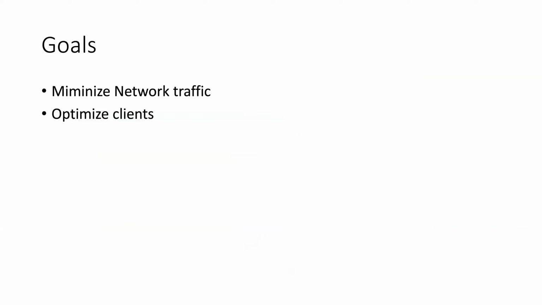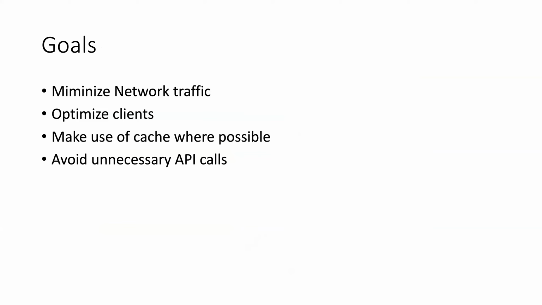And we want to make use of the cache wherever possible, so we can avoid unnecessary API calls. If we retrieve some deployment or whatever, which hasn't changed since the last retrieval, this is an unnecessary API call, and we could leverage a cache in such cases.